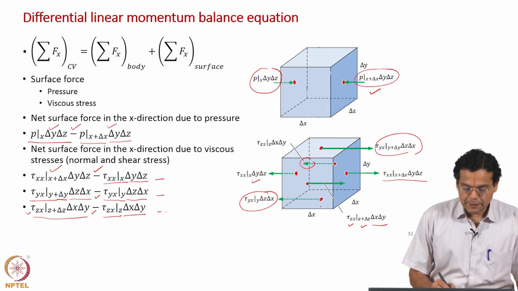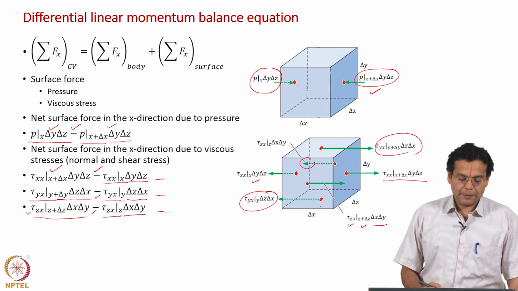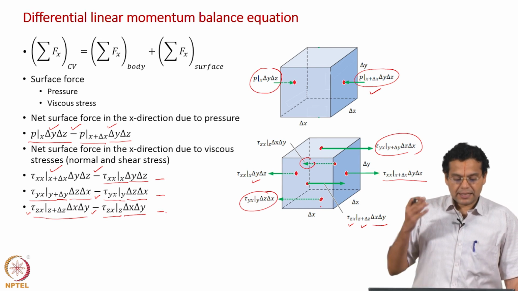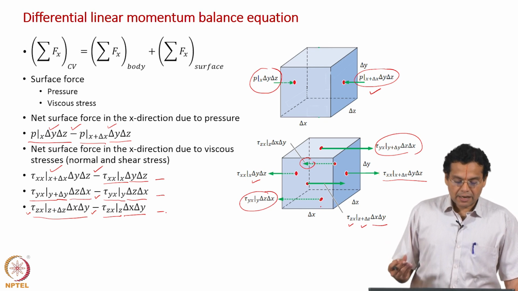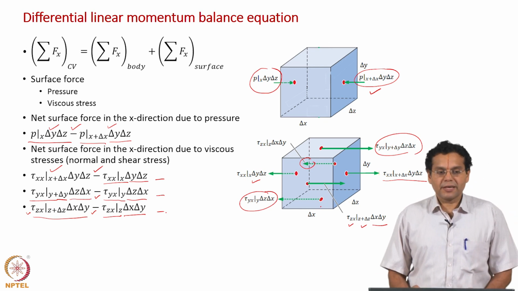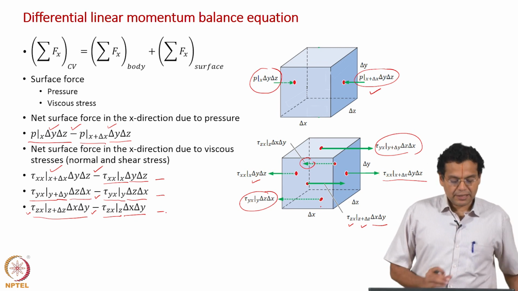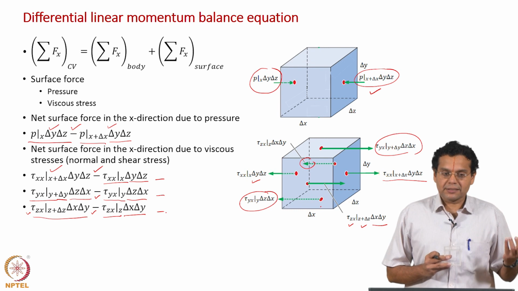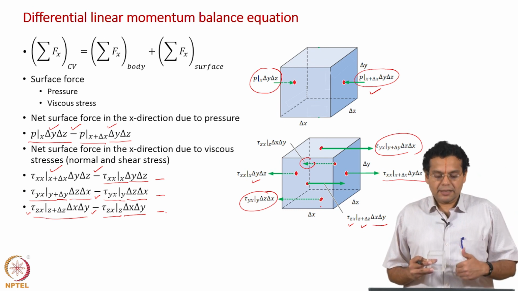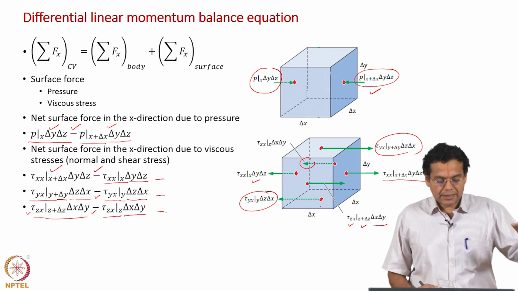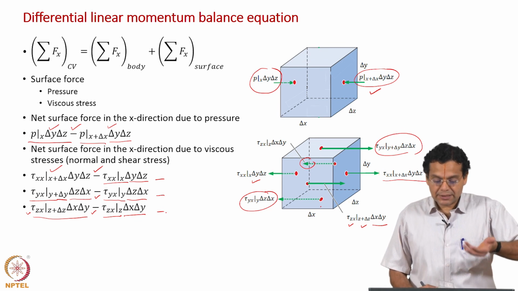these expressions we have, for example, if you take the normal stress, it is at x plus delta x minus at x, because on the positive x face it was along the positive x axis, negative x face it was along the negative x axis, that is why it is x plus delta x and minus x, tau xx at x plus delta x minus tau xx at x.